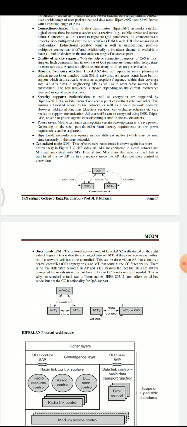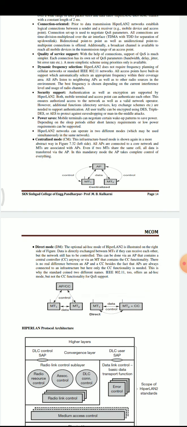The HyperLAN 2 network operates in two different modes, centralized mode and direct mode. The centralized mode is nothing but the infrastructure based mode, as shown in the figure. All access points are connected to a core network and mobile terminals are associated with an access point.